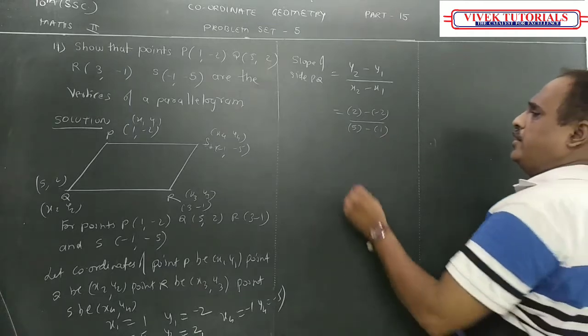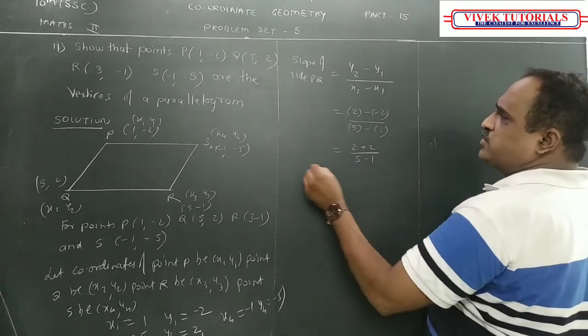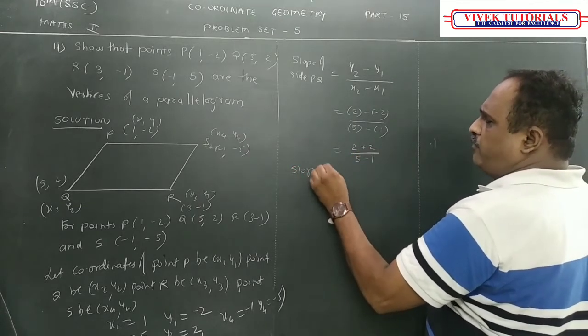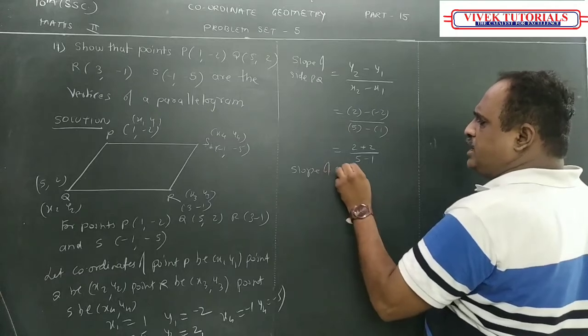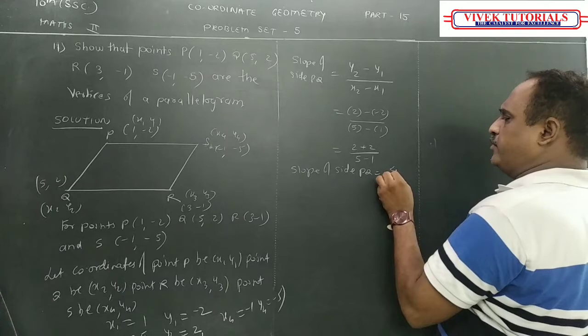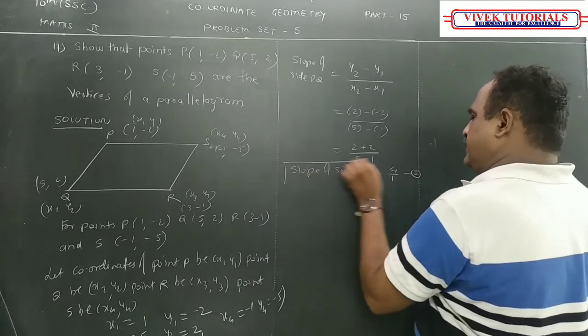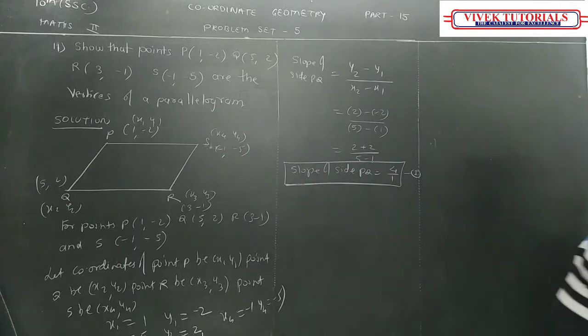So that is equal to 2 plus 2 upon 5 minus 1. So slope of side PQ is equal to 2 plus 2 is 4 upon 4, which is 1. This is equation 1. This is the slope of line PQ.